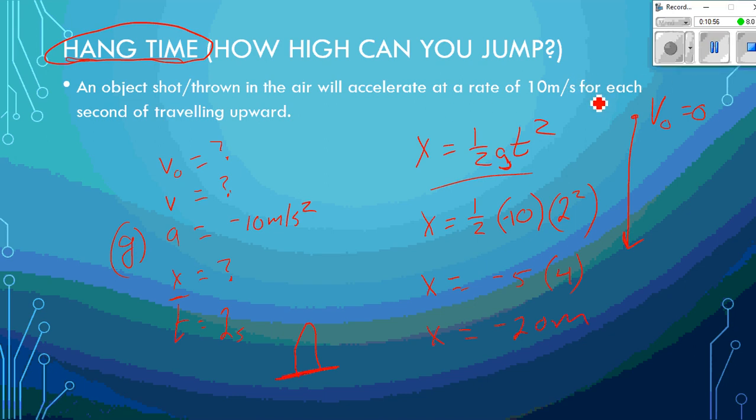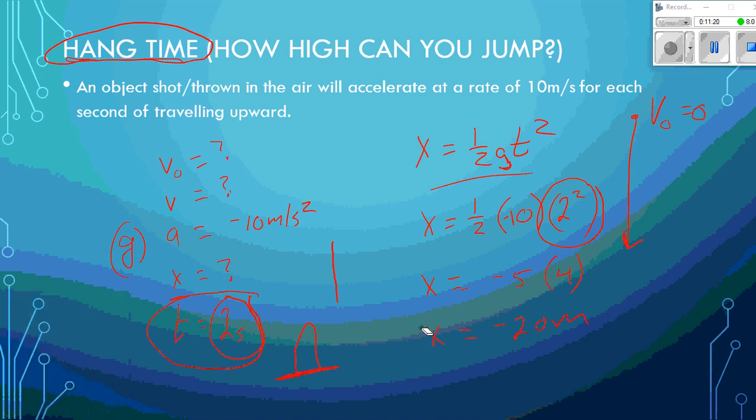Oh yeah. I just realized that I tricked my own self by not doing the right thing. Because the total time of the jump, 2 seconds, is hang time, which means that only 1 second to go up. So that's where I screwed up, was right here. Okay. So I'm going to change that because I knew that was just way too high.